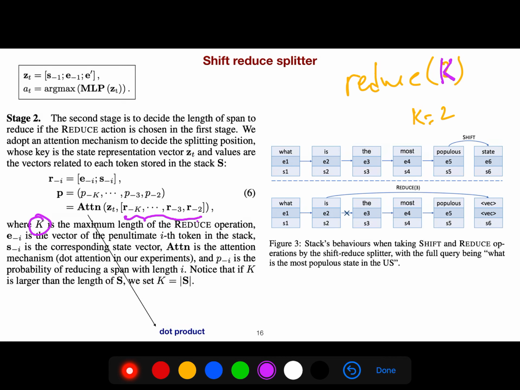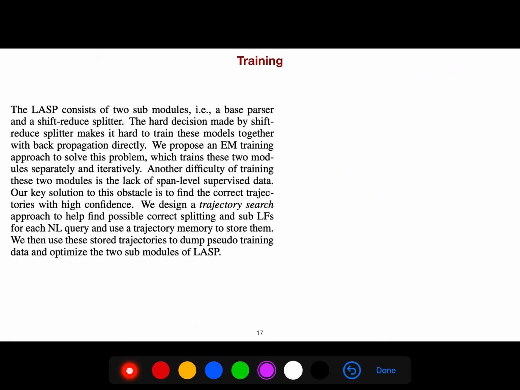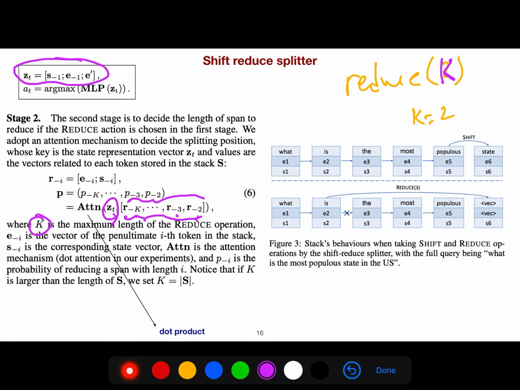So because it's just either 2, 3, or K, we use the dot product of z_t, which is this embedding, with these r in order to know the p. And once we know the p, that's it. We know how we have reduced, so we know the action. But now we know the probability that, for example, K is 3.